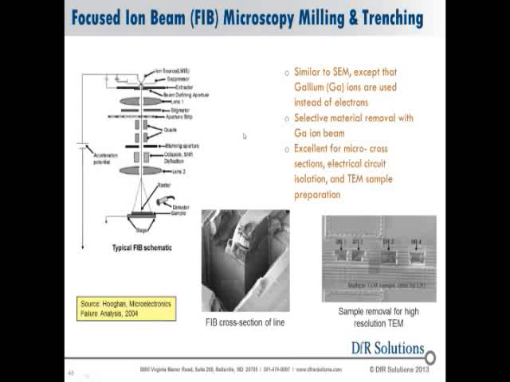So one more step above the scanning electron microscope is the focused ion beam microscope, which uses gallium ions instead of electrons to put in a finer but more powerful beam that not only allows you to bounce back and see an image, but allows you to very carefully mill or trench and cut into a specific area of an electronic component, like an integrated circuit die, so you can see below the surface what's going on, something that is too small to cross-section and view.